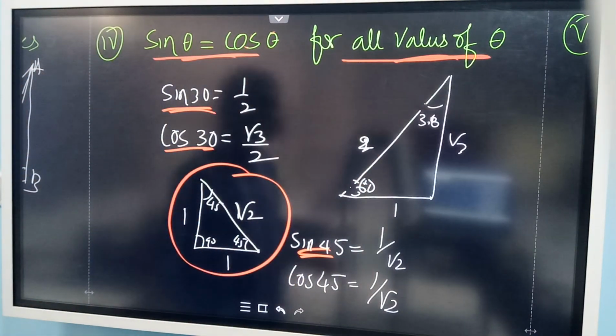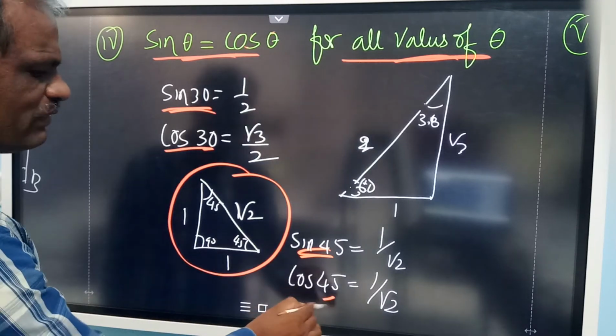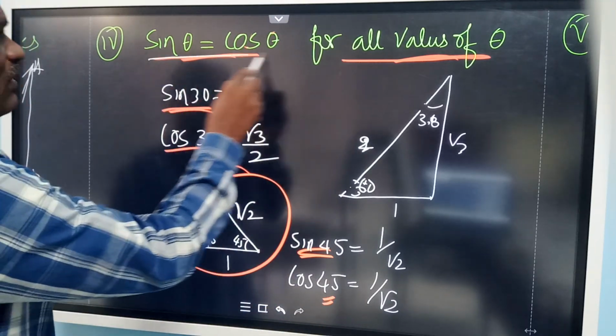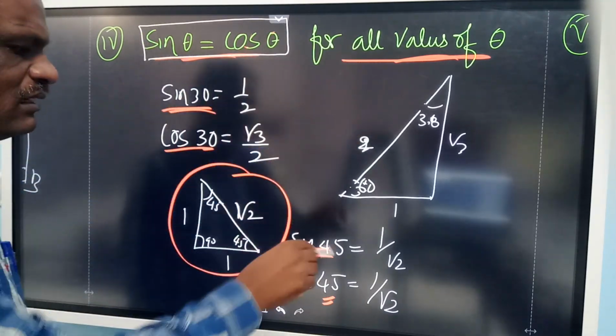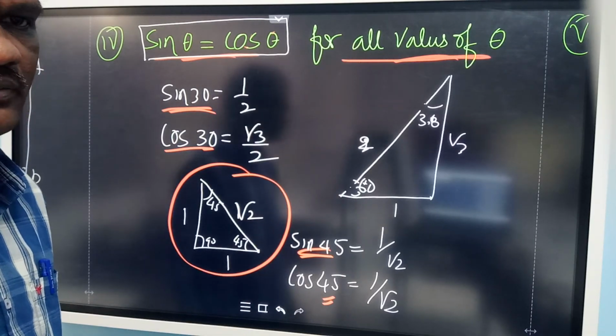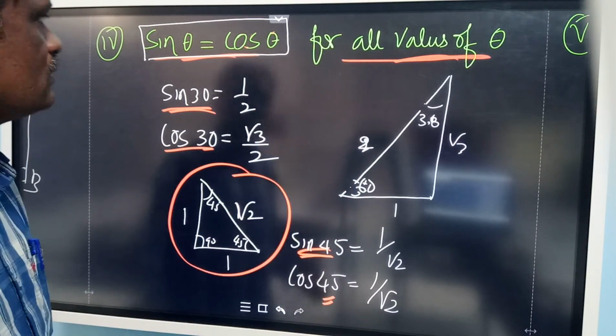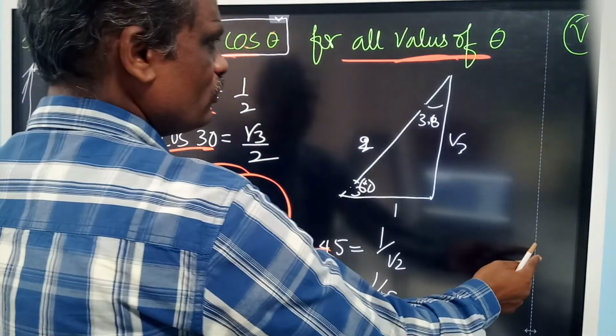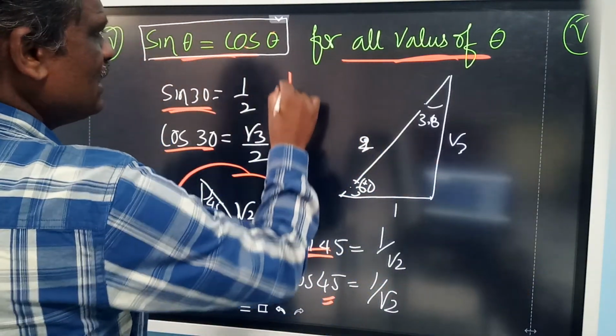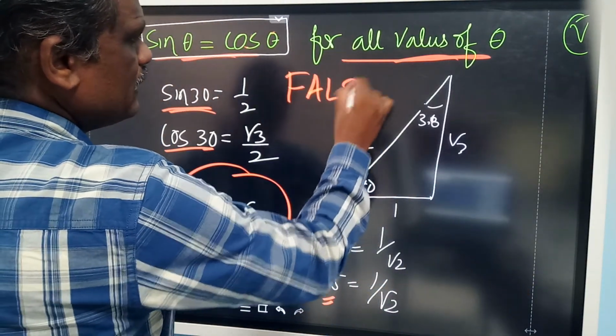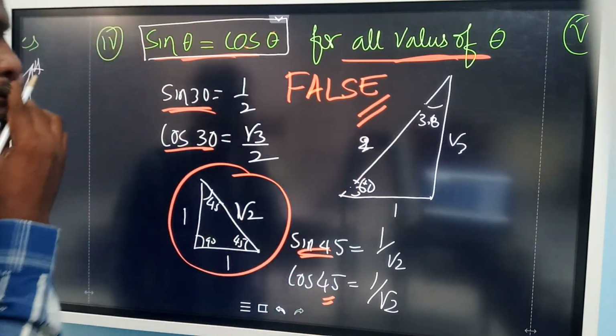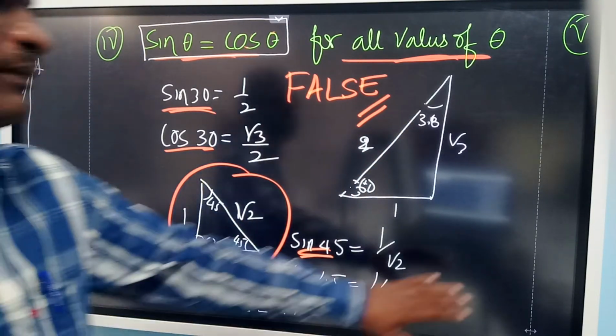For 60 degree it is not true. Sin theta will be equal to cos theta only at theta equal to 45 degree, not for all. So this is option 4 and this is false. It is not true for all values of theta.